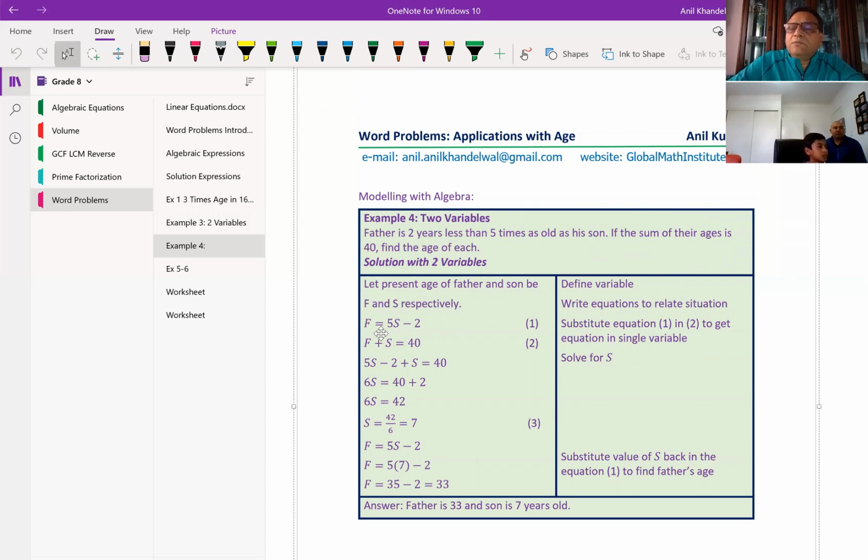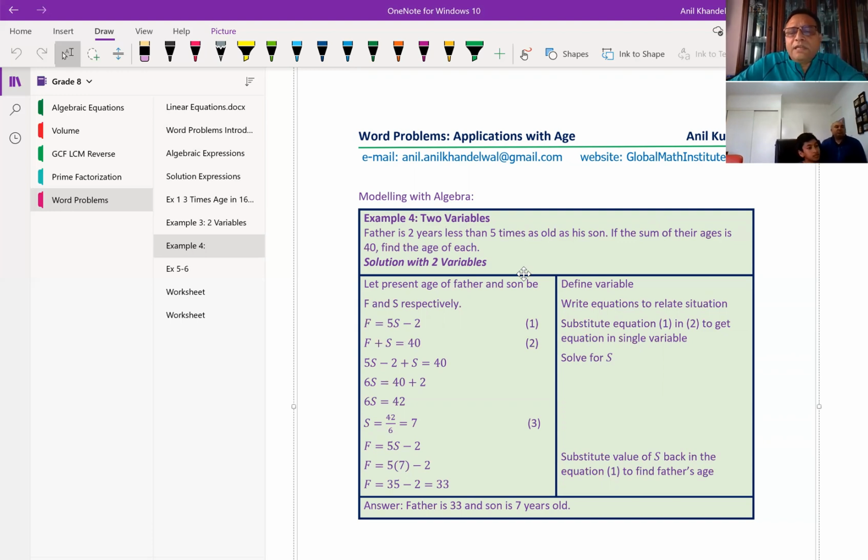If the sum of their ages is 40, find the age of each. Correct? Now, in this particular case, it is actually easier to use two different variables. In the last case, I could have used one variable and there was a much simpler solution, as you saw, correct? Yes.